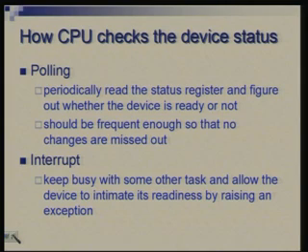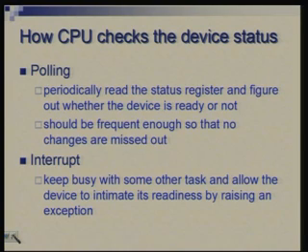An alternative is that the processor does not get tied up in checking the status, it is busy with something else. Okay. It could be doing some other useful task, and whenever there is a need for the device to invoke action from the CPU, it will send an exception or interrupt. Okay.